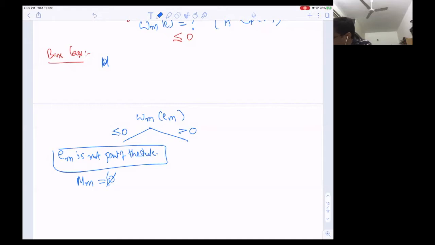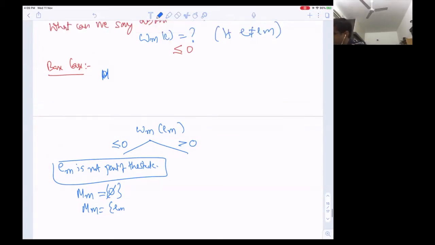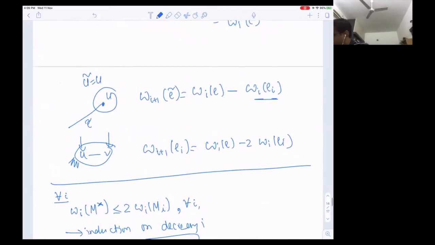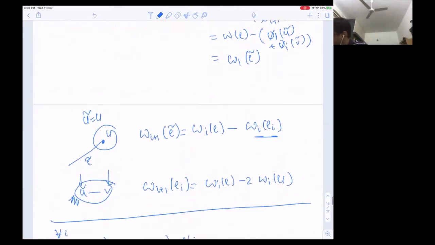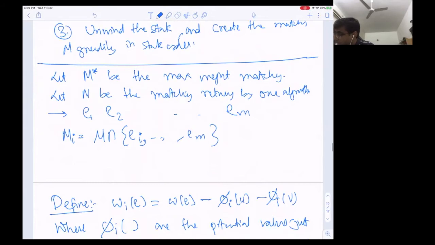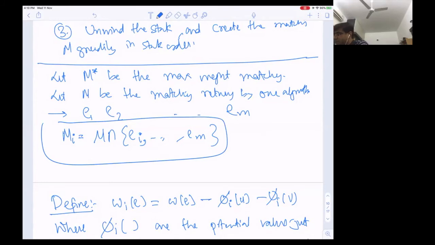What is Mm? Do you recall what Mm was? Mm was the intersection of the matching which we returned with Em. Recall, Mi was my matching which I returned with Ei to Em. So Mm is nothing but my matching intersected with Em.